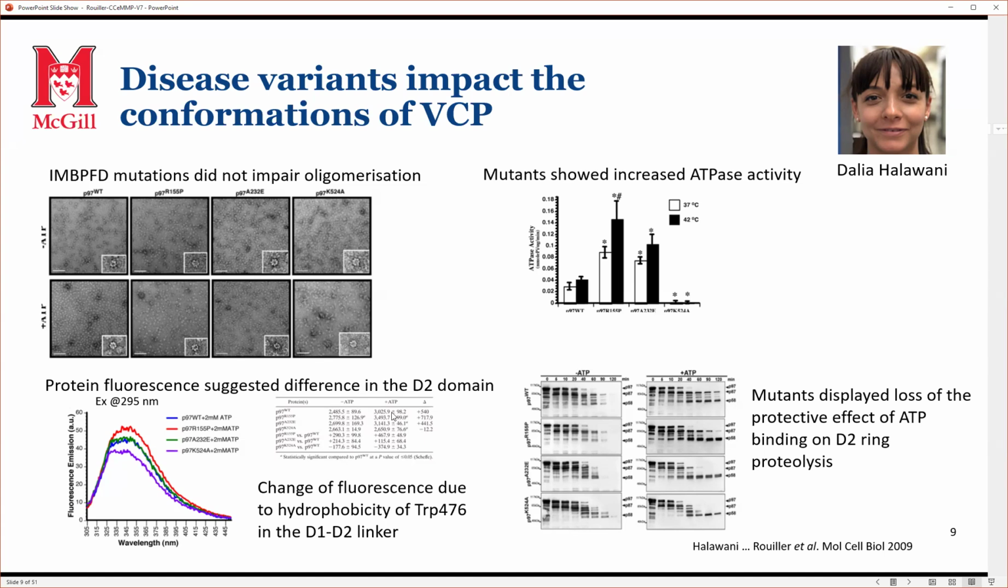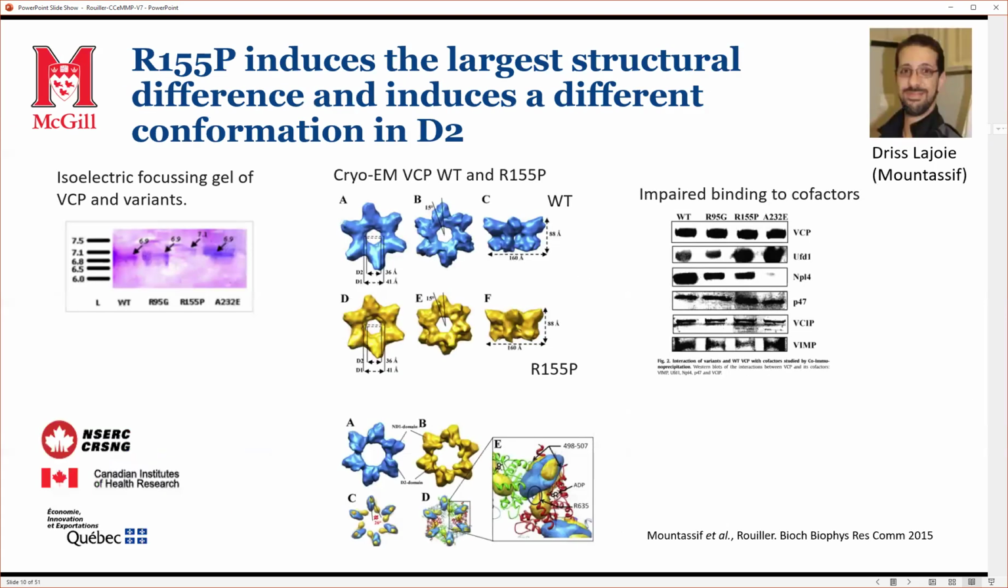And then she showed, using fluorescence, mostly looking at the fluorescence of tryptophan 472 in the D1-D2 linker, and using proteolysis, that even though the mutations were between the N and D1 domains, they affected the conformation of the bottom ring, the D2 domain.